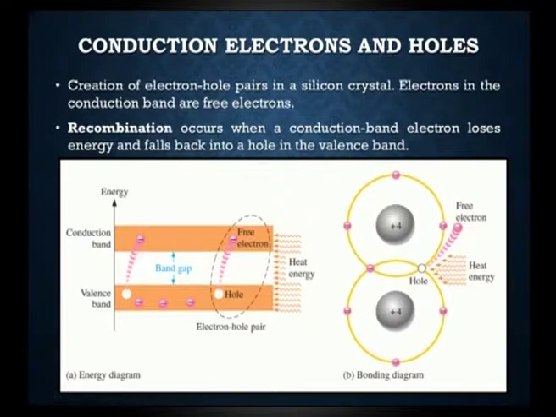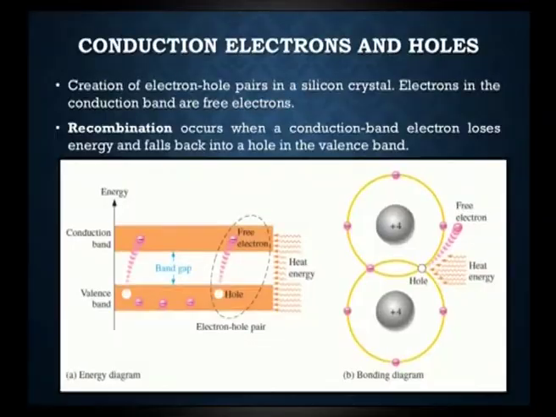Next we move on to conduction electrons and holes. The same intrinsic semiconductor is what we are studying here, and how it behaves at room temperature. Even though at room temperature there are no free electrons in the conduction band initially, due to the heat energy present at room temperature, the electrons present in the valence band absorb that heat energy.